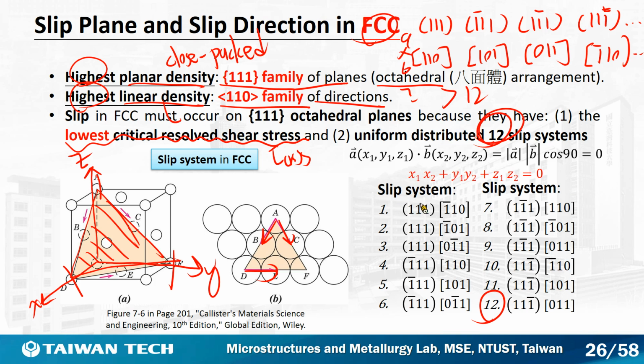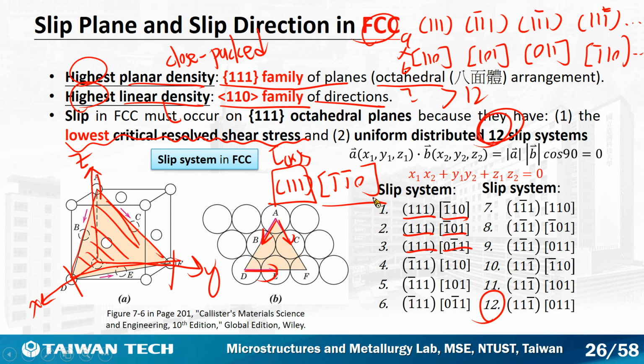For example, for 111 here, we see 111 with these 3. But we didn't see 111 with this one, right? This is because the slip direction must be on the slip plane. So the normal direction of the slip plane and the slip direction must be perpendicular to each other.